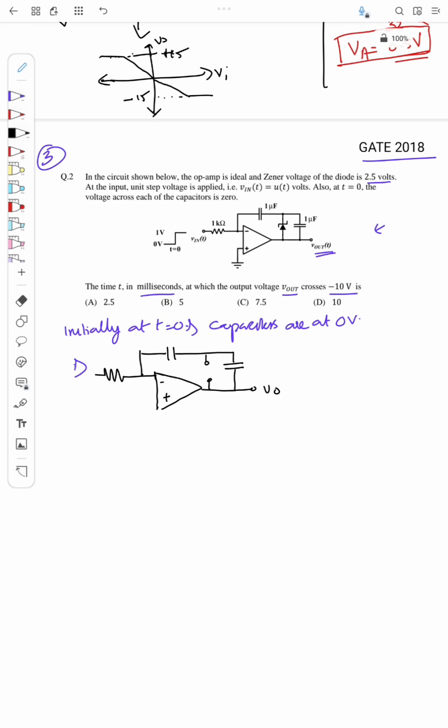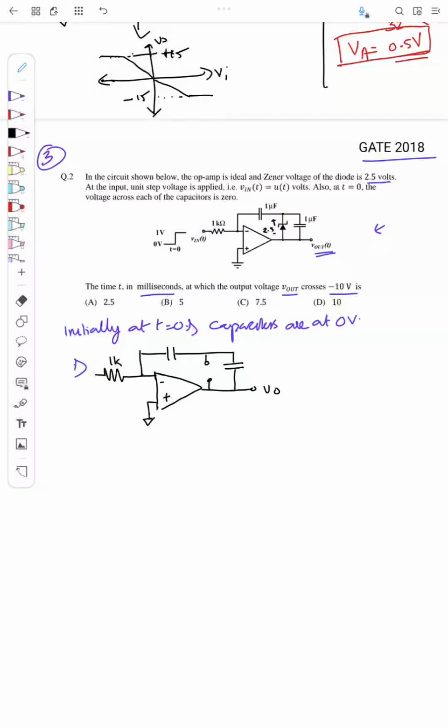Because it requires a minimum of minus 2.5 volt or plus 2.5 volt across the Zener to conduct. So we'll consider that to be open circuited.